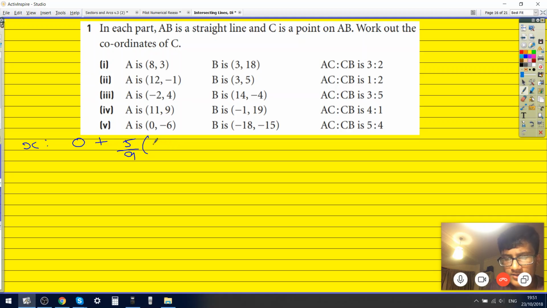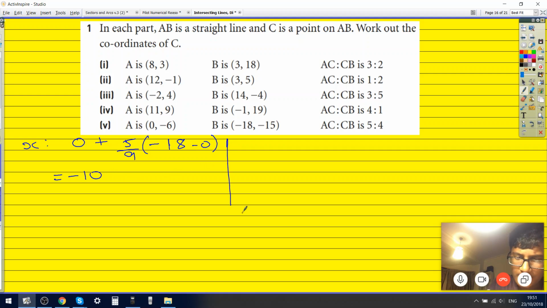Oh, minus. So it would be minus 18 minus 0. So that would just be minus 18. So there's 0 plus 5 over 9 times minus 18, which is minus 10.